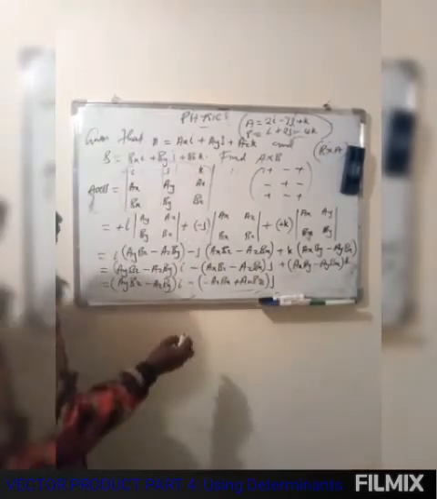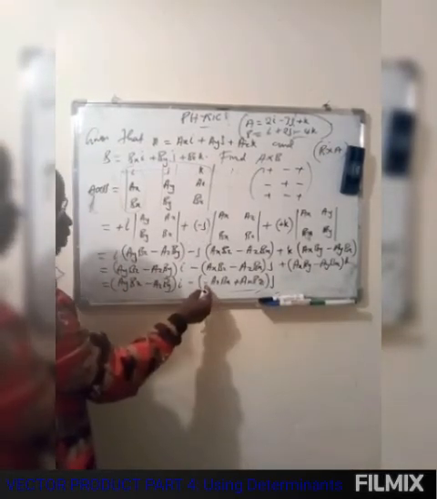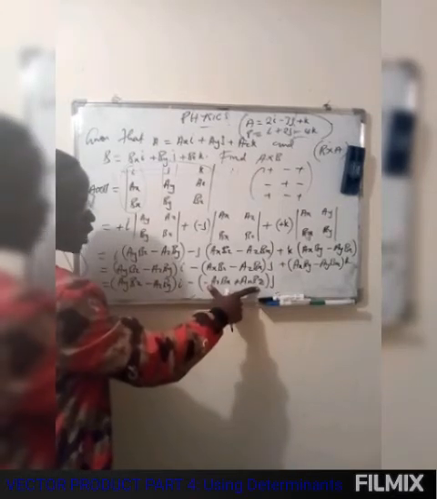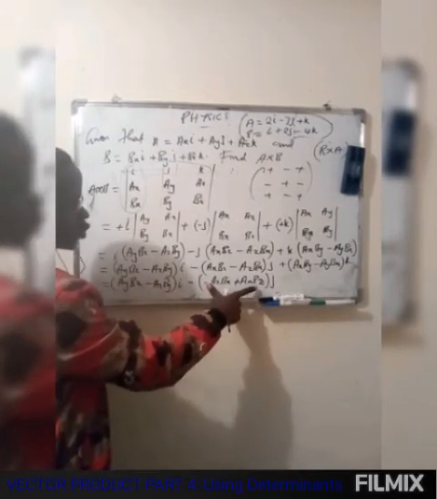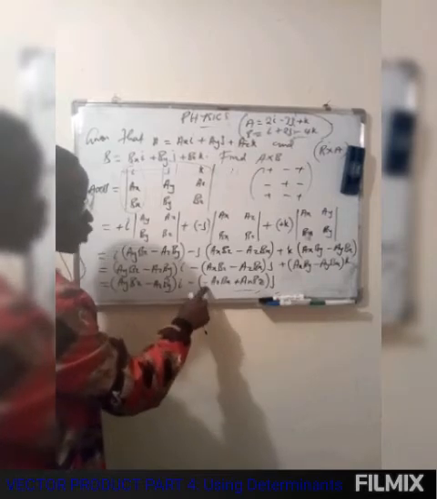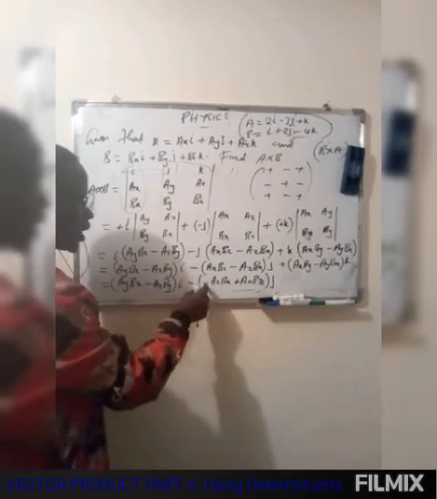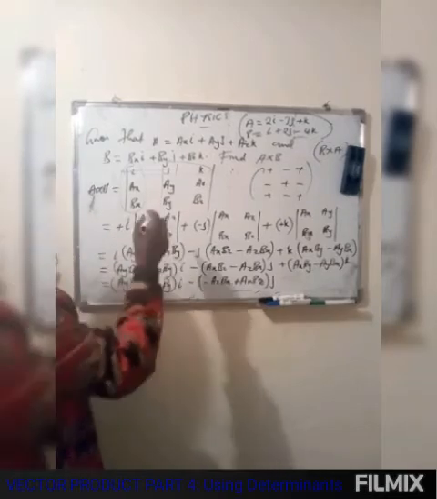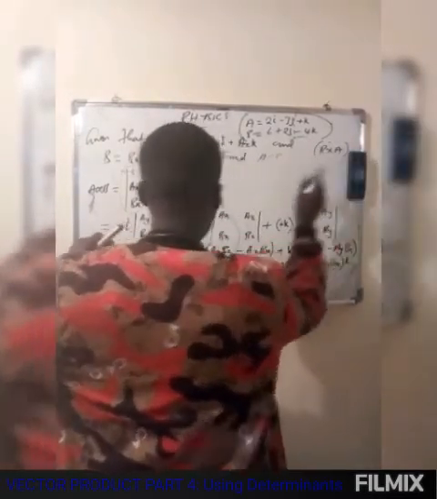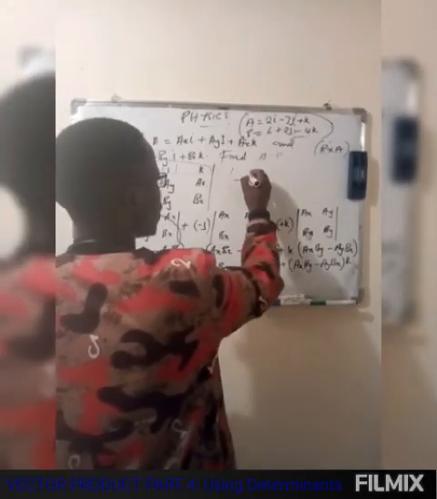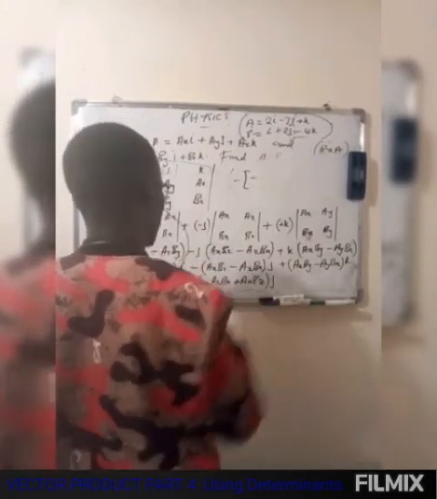j. But then here we can factorize out the negative, okay? If we factorize out the negative inside there, this one is going to become negative and this is going to become positive. Then the negative is going to multiply with the negative outside there. So outside here it's like we have minus, and then we have negative.